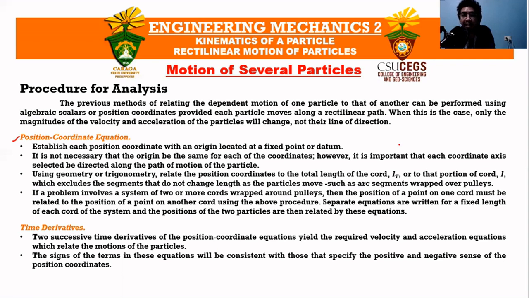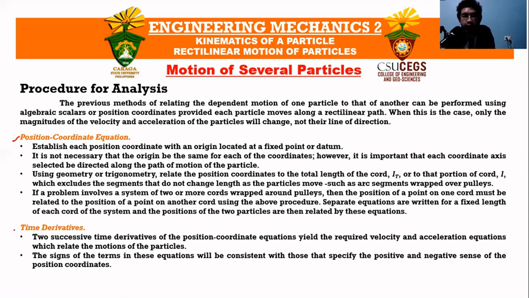If a problem involves a system of two or more cords wrapped around pulleys, then the position of a point on one cord must be related to the position of a point on another cord using the above procedure. Separate equations are written for a fixed length of each cord of the system, and the positions of the two particles are then related by these equations.